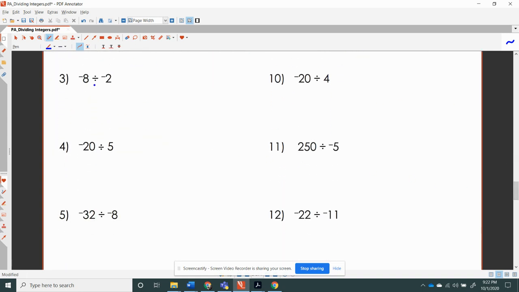A negative divided by negative is going to be positive, so this negative 8 divided by negative 2 will be 4. A negative 20 divided by positive 5 will be a negative 4. A negative 32 divided by a negative 8 will be a positive 4.